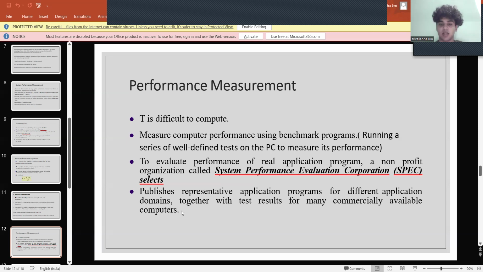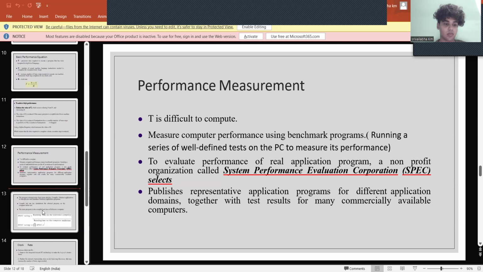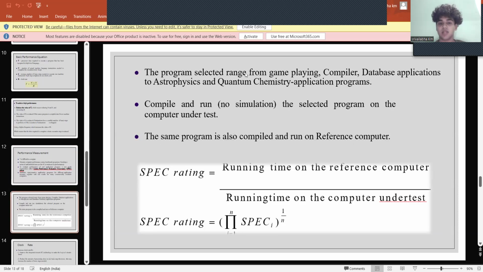It's the same as measuring performance. You should remember this System Performance Evaluation Corporation, this is the organization. The programs selected range from game playing, compiler, database applications to astrophysics and quantum chemistry applications.